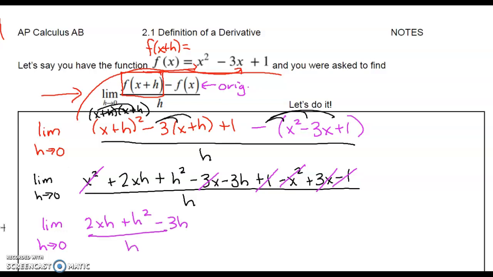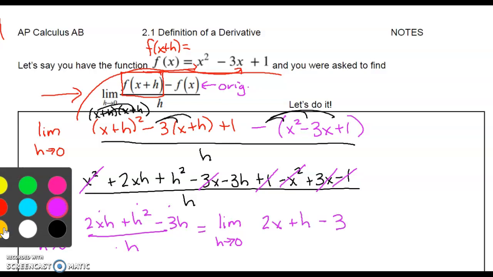And so what happens is I'm not going to apply my limit yet because it's still undefined, but I can reduce all terms by h. So it has to be everywhere. So I get the limit as h approaches 0 of 2x plus h minus 3, okay?